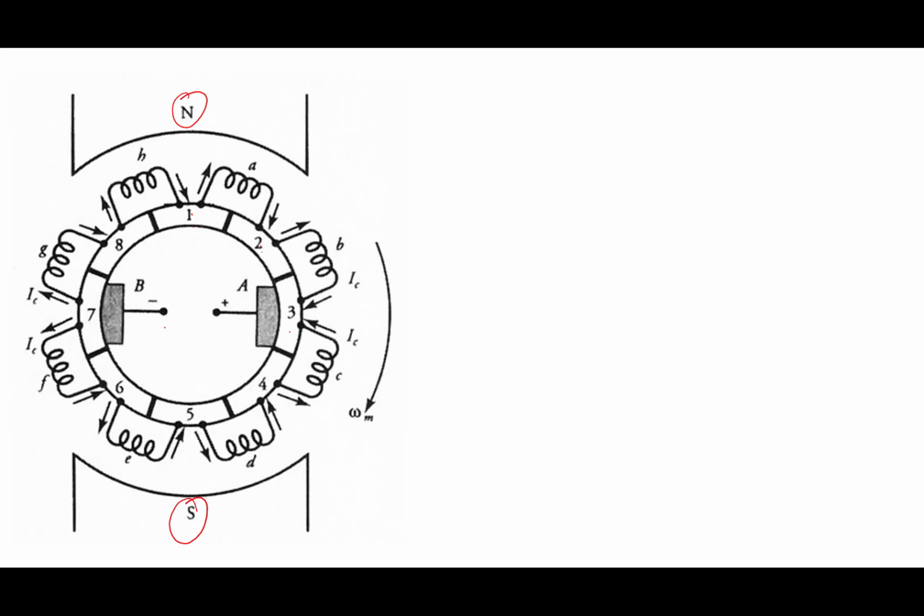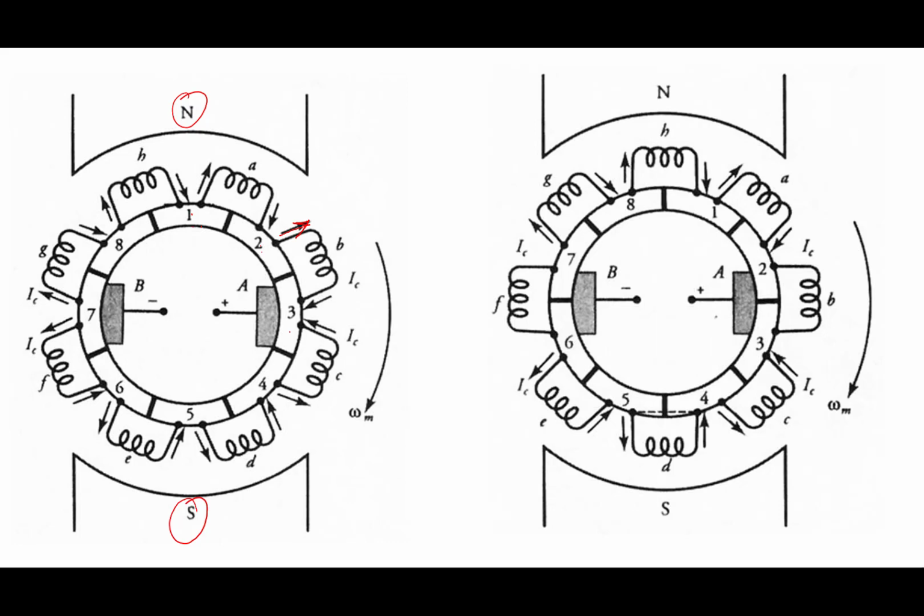Now in coil B, the current is in this direction, right? Let us see the next picture. Here coil B has current in this direction. Now coil B has moved to this position. What will happen at this position? This is the neutral plane, because when the coil comes through this, there is no linkage of flux.